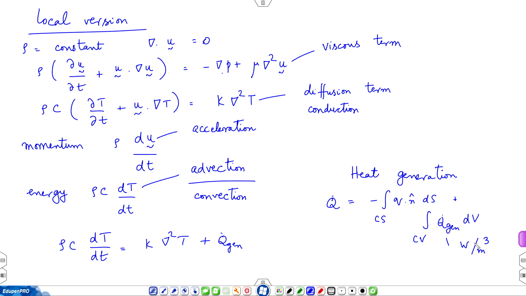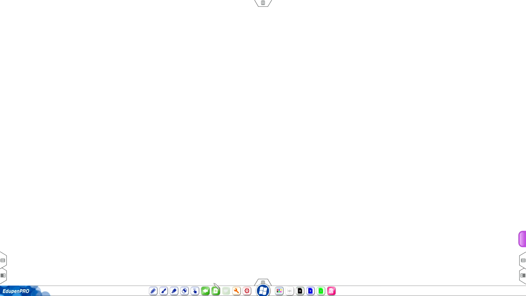So, when you write it in this form, then there is a similarity between the momentum equation and the energy equation. Now, the local version of mass, momentum and energy equations require specification of the material medium. So, we had a constitutive relationship.